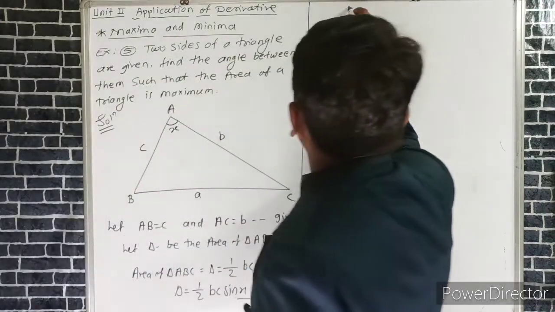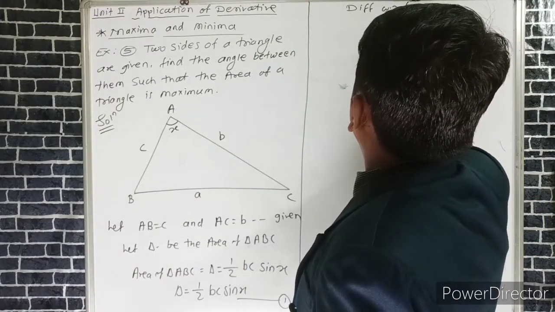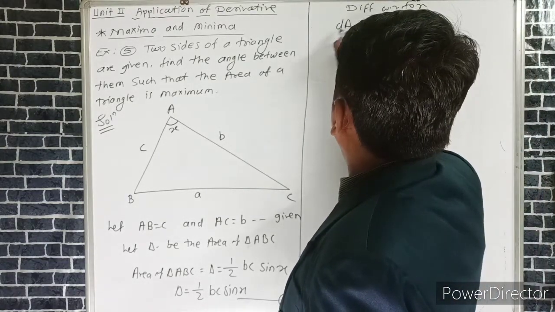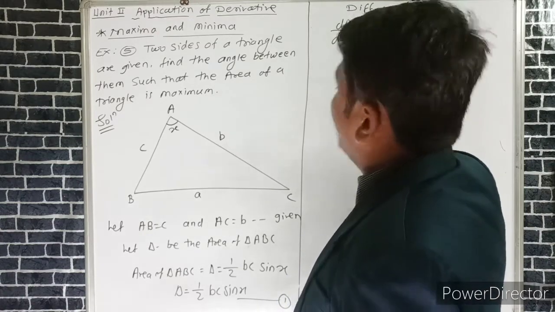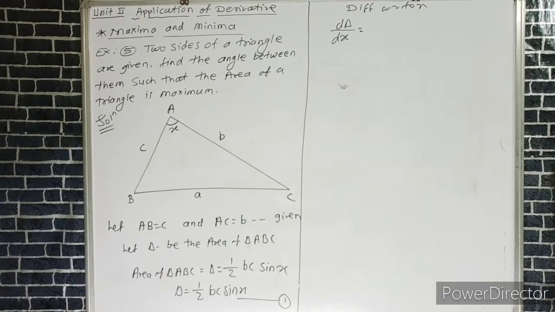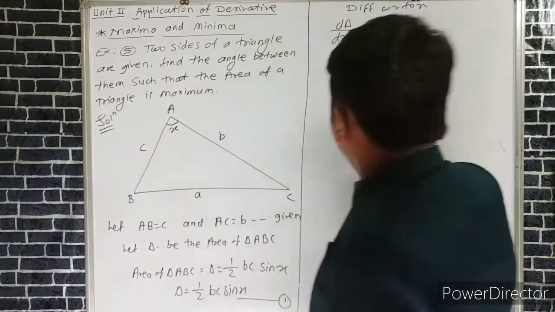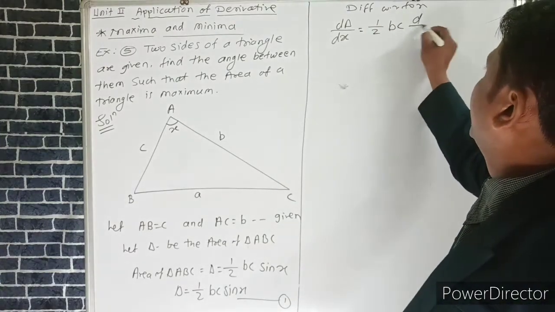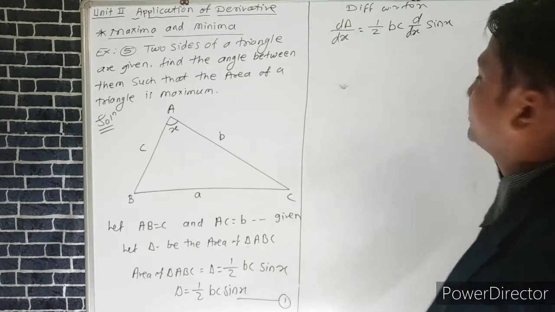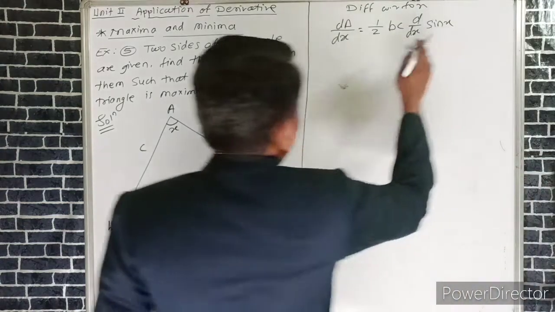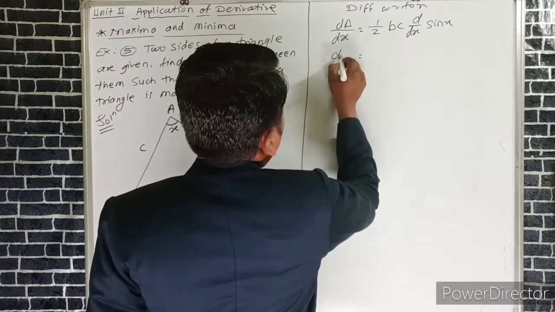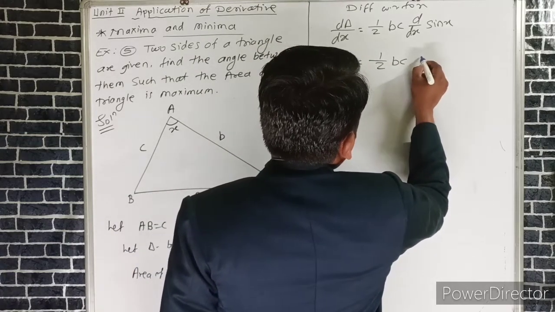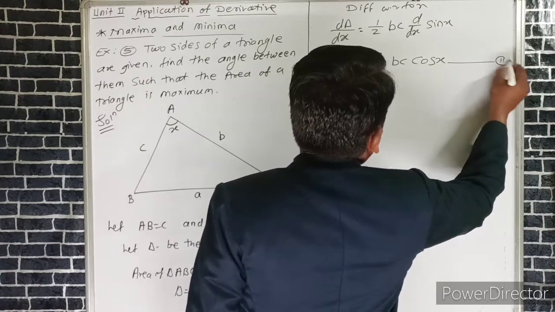If we differentiate equation 1 with respect to x, then d del upon dx equals the derivative of the right side. 1 by 2 bc is a constant, and the derivative of sin x is cos x. So d del upon dx equals 1 by 2 bc cos x, equation number 2.